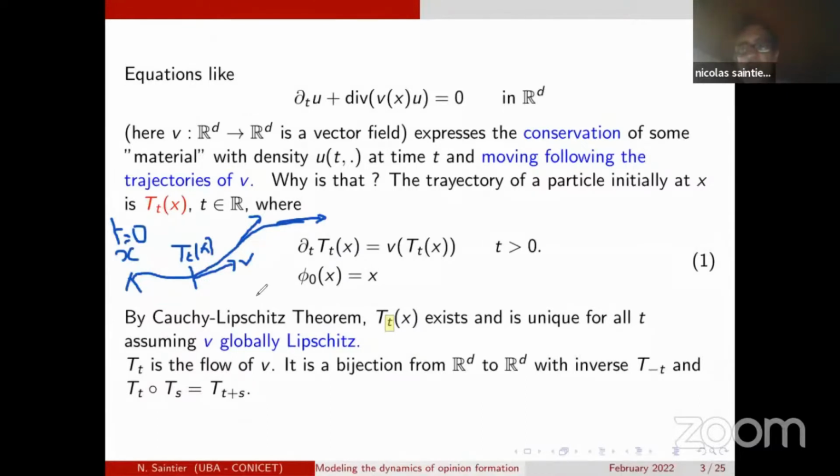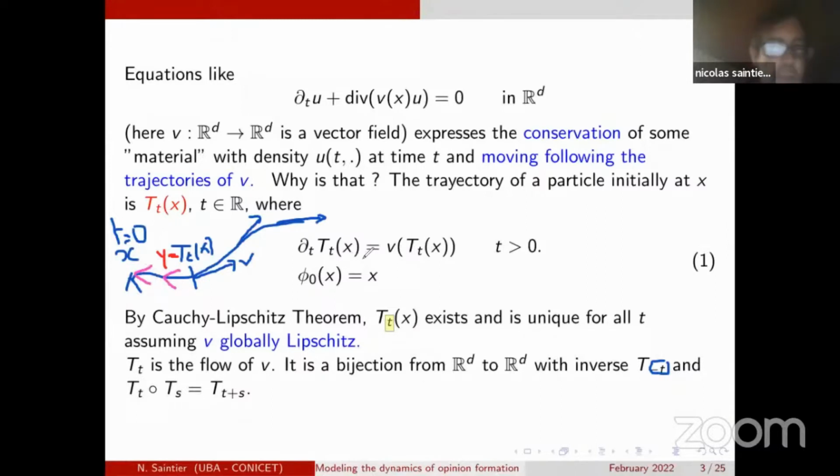To get the inverse, it's easy. You just have to reverse time, right? Because if I got here at y, to go back I just need to go backward from y to x.